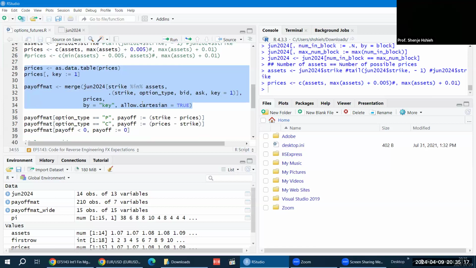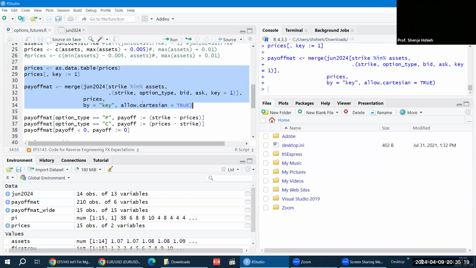This is a little hard to explain, but what I'm doing is getting the combination of strikes versus possible future price realizations. If there are five possible strikes and five possible realizations, it's 5 by 5. So every strike has five possible outcomes where I need to evaluate the payoff. I'm trying to calculate the payoff matrix: five strikes with five future prices is 5 times 5.